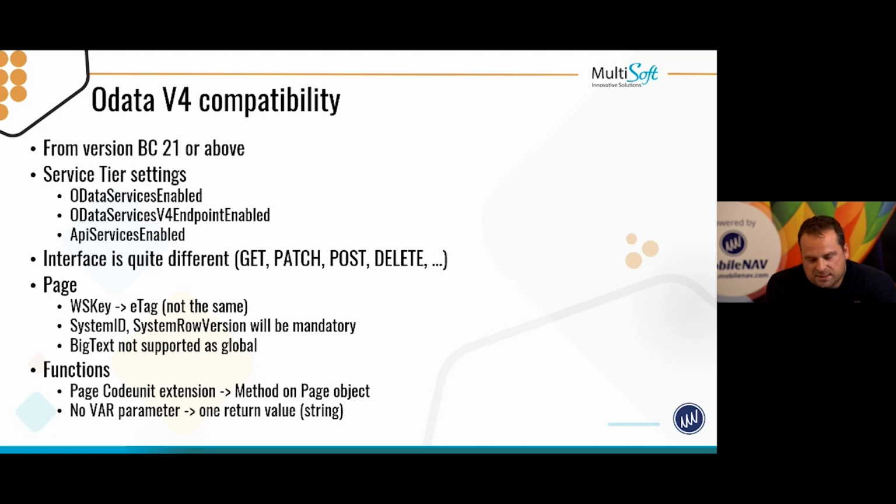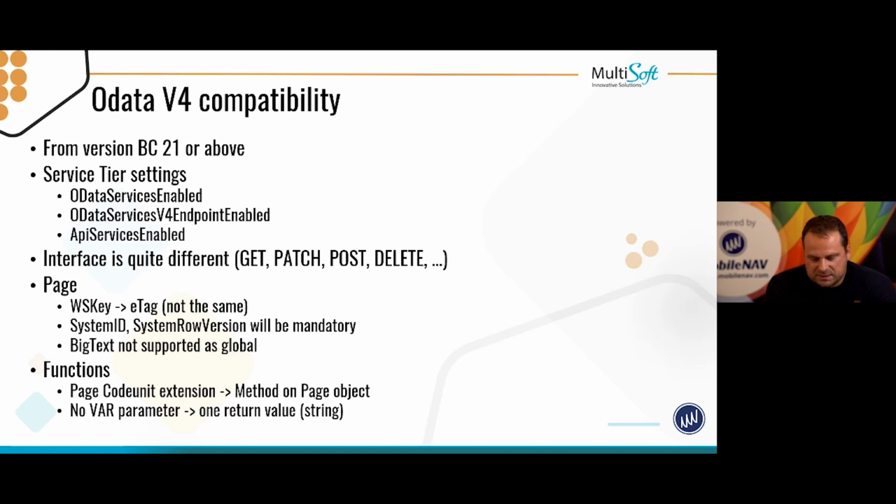The interface itself is quite different from the SOAP protocol of Dynamics NAV or Business Central, because OData is using different HTTP methods like get, patch, post, or delete, whereas SOAP was only using HTTP post and nothing else. And inside the post XML content, you could describe what you want to do.